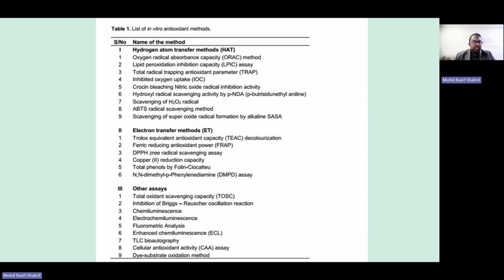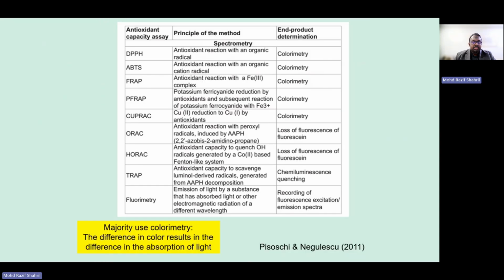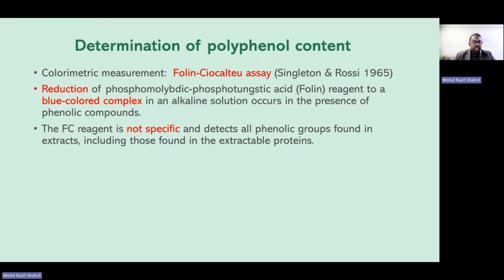So let's focus specifically on the determination of total polyphenol content, or TPC. The gold standard for this is a colorimetric measurement known as the Folin-Ciocalteu assay.